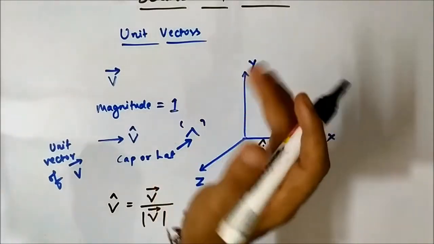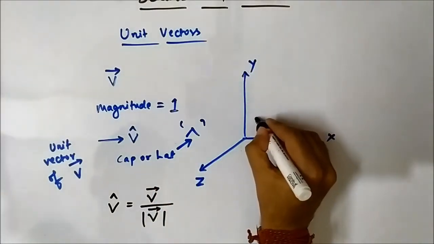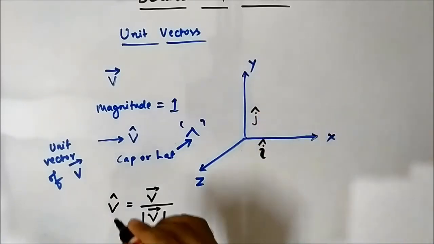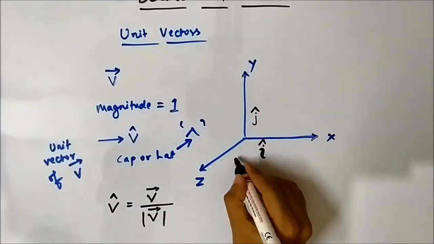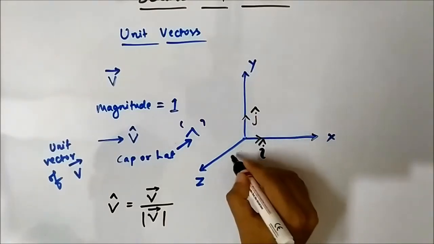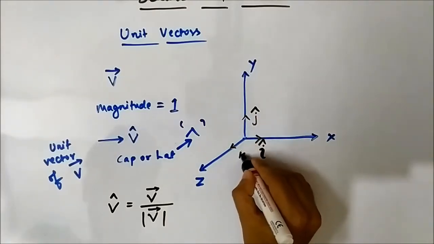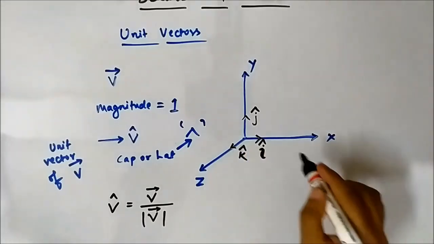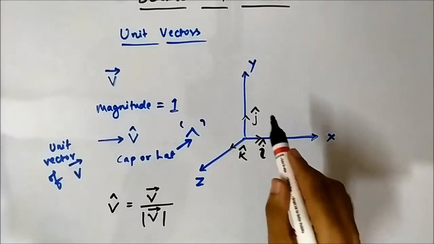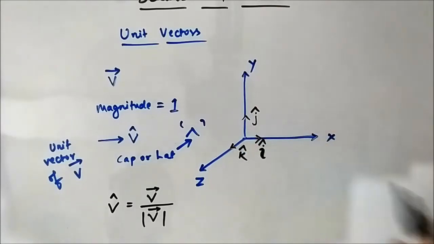For the y axis it is j cap, and for the z axis it is k cap. The unit vectors in the direction of x, y and z are I cap, j cap and k cap.